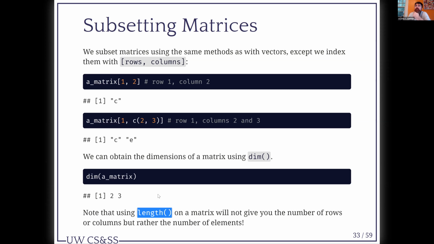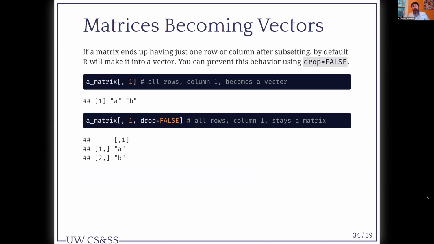The sneaky reason for this is that matrices are actually a vector. They happen to have rows and columns, but they also have a unidimensional length. So weird thing about R, everything's really a vector. Okay. So matrices sometimes spontaneously become vectors, okay? If you subset a matrix and it ends up having just one row or one column, it will turn it into a vector.